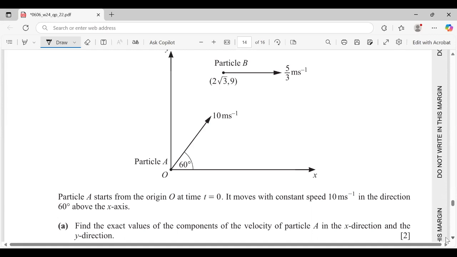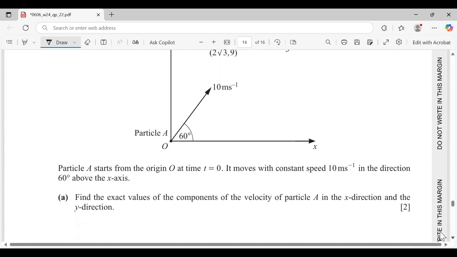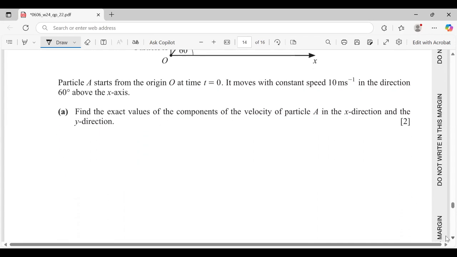Particle A starts from the origin O at time t equals 0. It moves with constant speed 10 meters per second in the direction 60 degrees above the x-axis. Find the exact values of the components of the velocity of particle A in the x direction and the y direction.